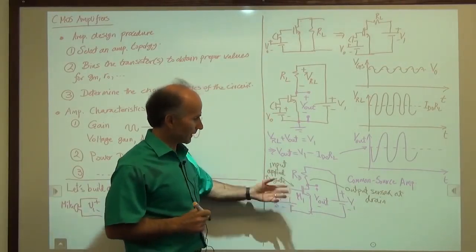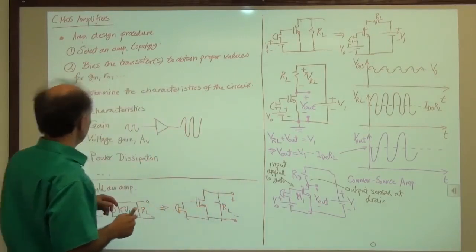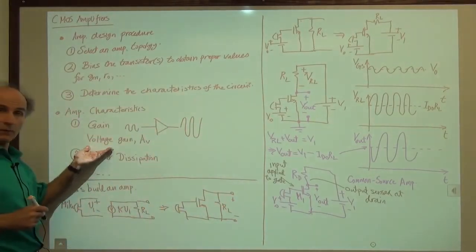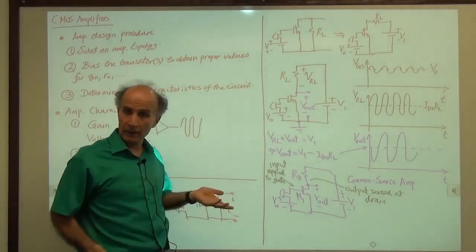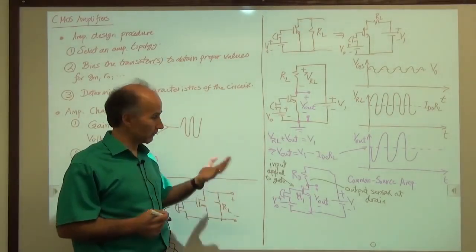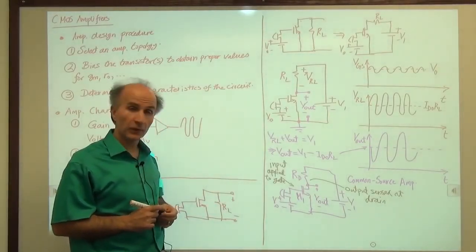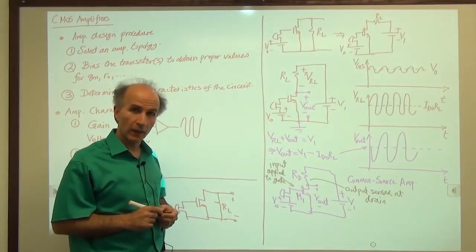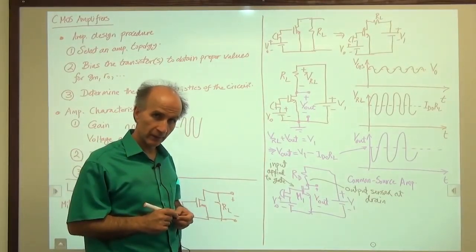Okay, so we have this amplifier. And what we would like to do, the first thing, is to find its gain, its voltage gain, right? We are looking for some characteristics, and that's the first thing we want to know. What kind of gain can we get from it? So, how do we find the gain of the circuit? Well, we need to draw the small signal model of the circuit.